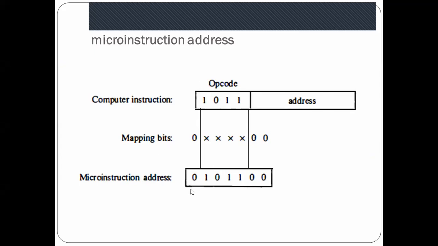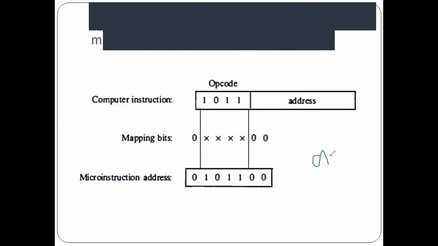So mapping happens like this, where 7 bits are taken as the address of CAR. In this example, the CAR address is 7 bits long.